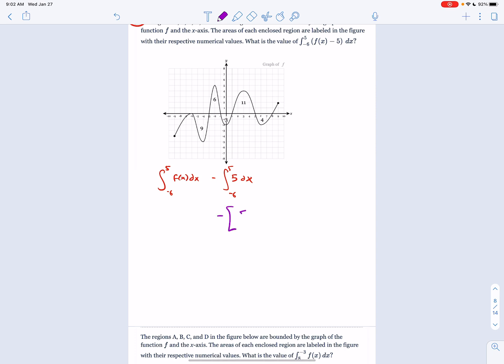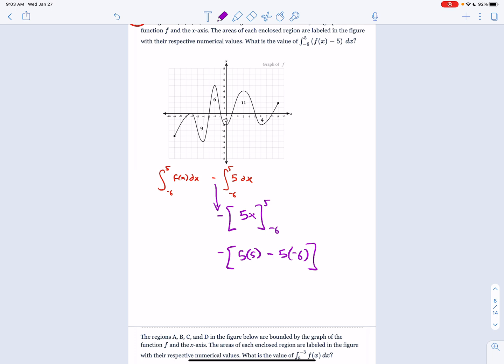The integral of 5 is 5x from -6 to 5. Notice how I brought down the minus sign here. So that would be minus upper minus lower, whatever that comes out to.